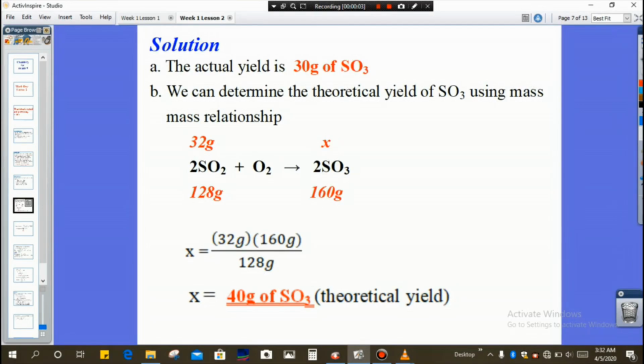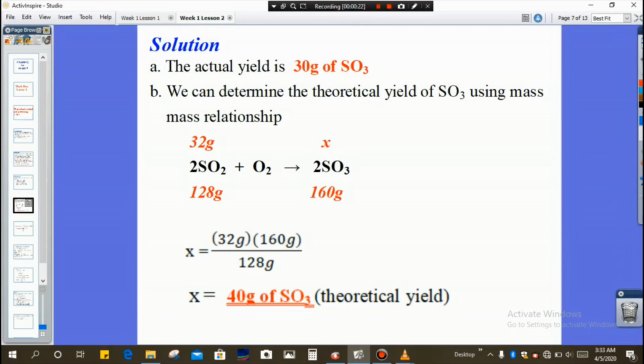As you remember from the previous lessons, like in mass-mass problems or in limiting reactant problems, the amount of product is determined by setting up the proportion of the reactant and the product, and then solving for the variable x.